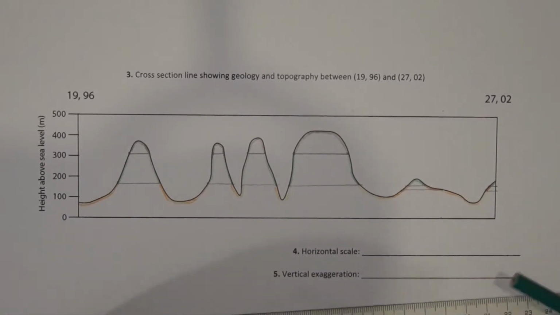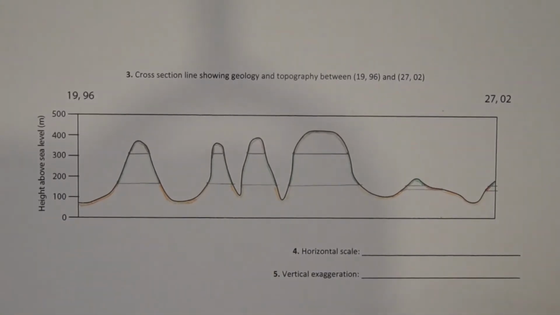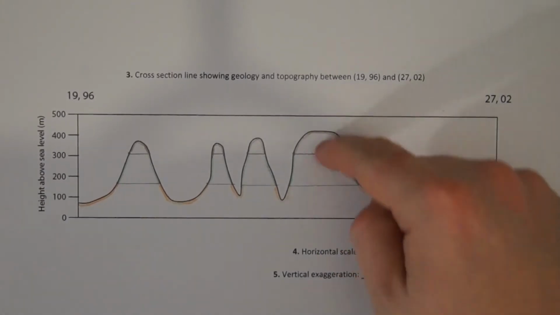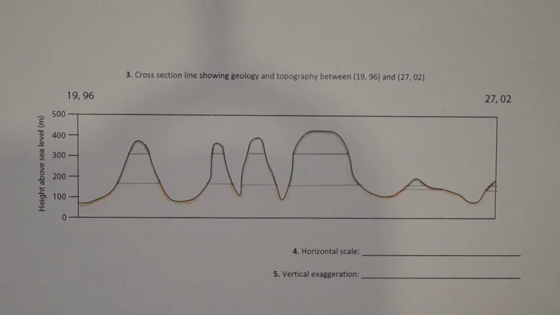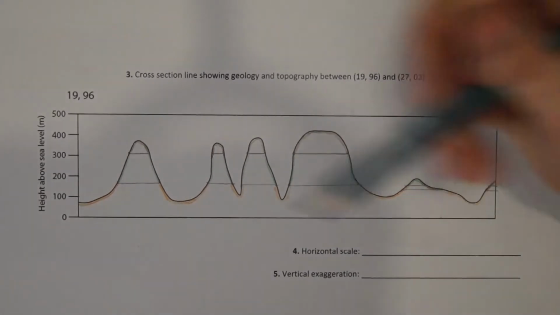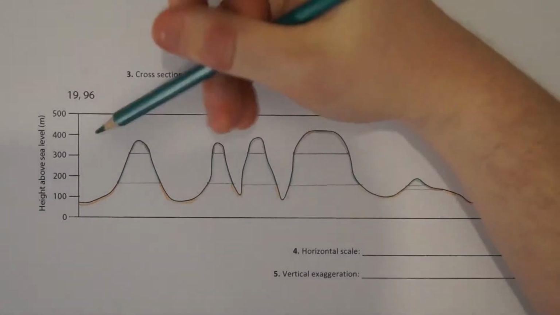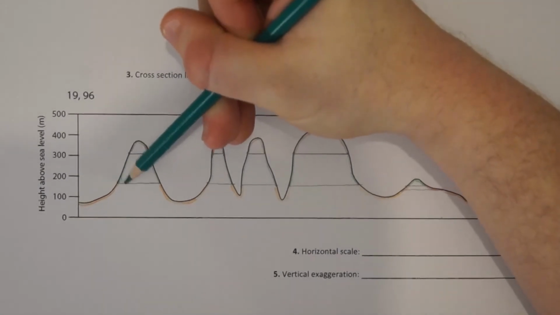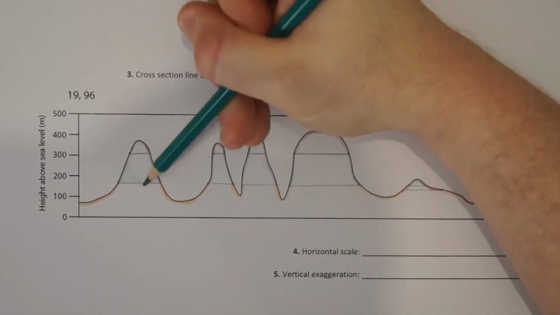Now at this point, just to make us feel like we have made a success of things, we can colour in the geology between the appropriate contacts to show what rock type's there. So I've just picked up my green pencil, so let me start by showing you where the green sand would be.